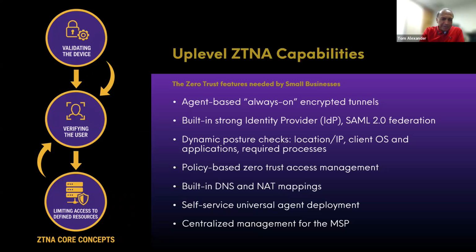And if it isn't running the RMM, then it's not allowed and so on. So this allows you to build in policy-based zero trust access management, saying that, well, all of my clients have this, therefore trust only those, and everything else is not trusted.